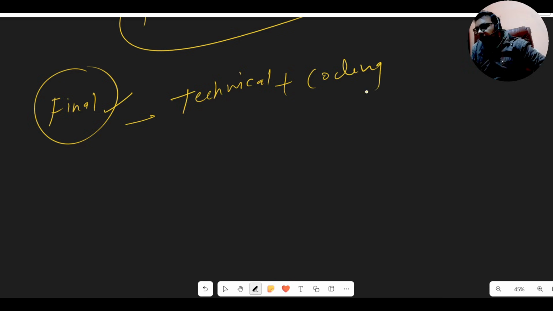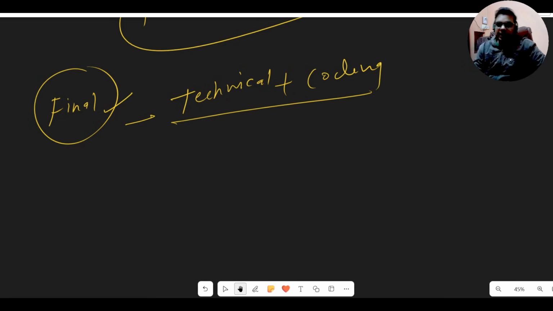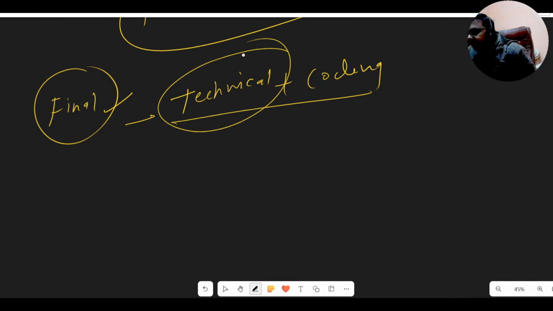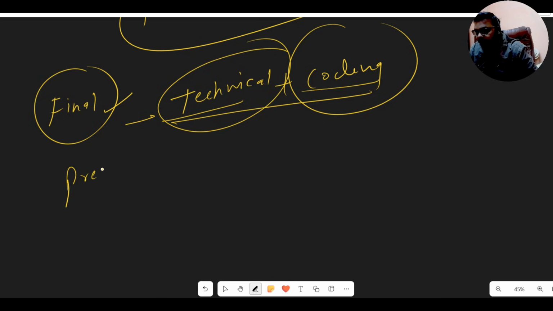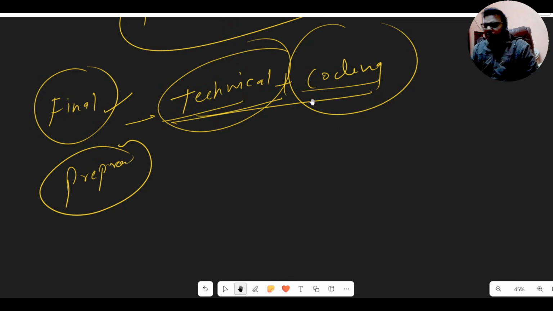Even if you qualify here, it doesn't guarantee that you performed very well. The technical and coding scores will help you get selected in the final. So the technical and coding assessment is very, very important. Prepare your best and give your best in this. All the best.